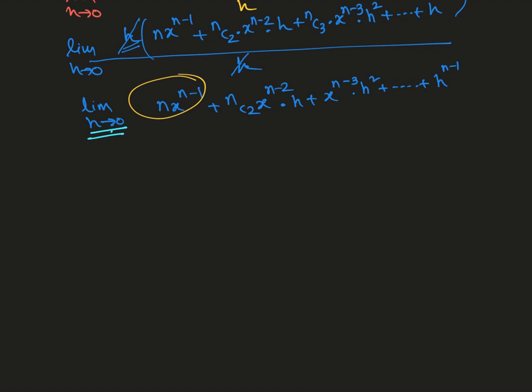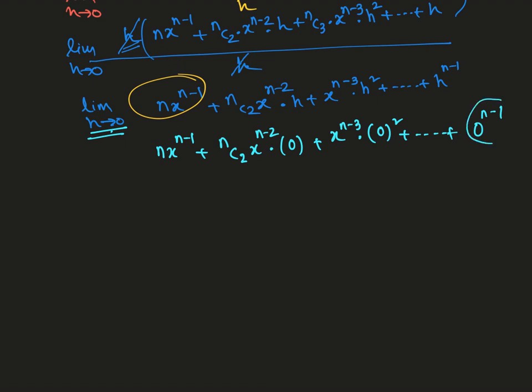So the expression would be n x to the power n minus 1, plus nC2 x to the power n minus 2 times 0, plus nC3 x to the power n minus 3 times 0 squared, plus all the terms would have an h multiplied with them. So basically all the terms would have a 0 multiplied with them, and anything multiplied by 0 is 0. So you don't need to write all those things, right? And the last term would be 0 to the power n minus 1.